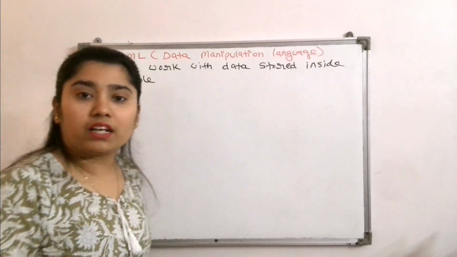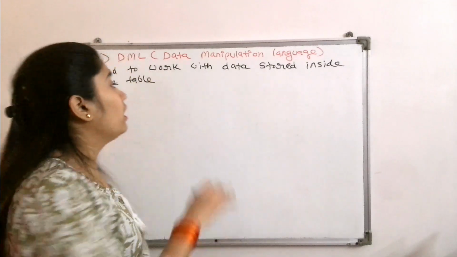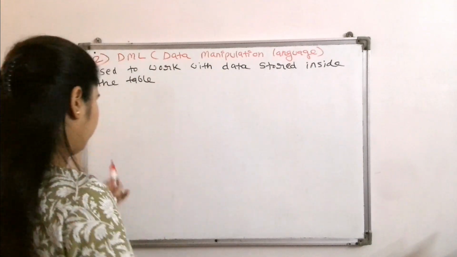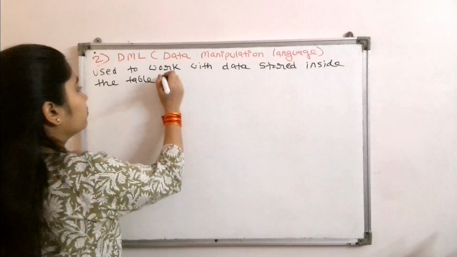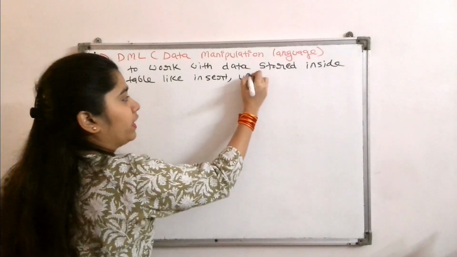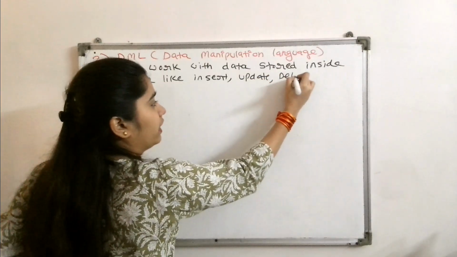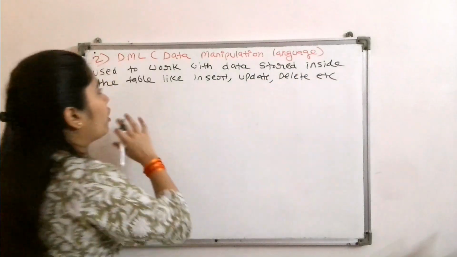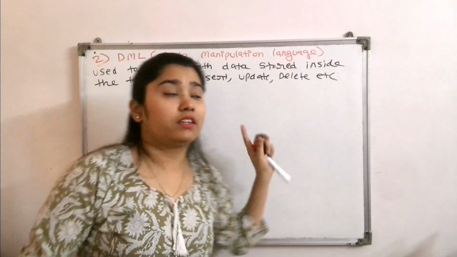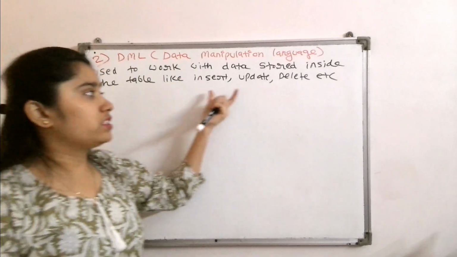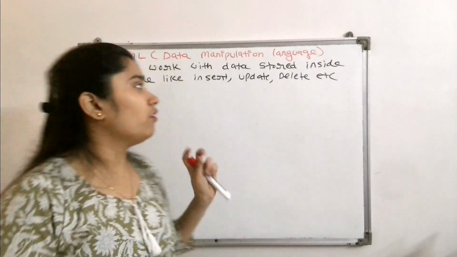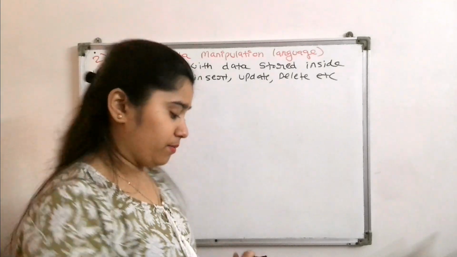Whatever data we want to store in the database or in the table, this language is used for that purpose, like insert of data, update of data, delete of data, etc. I hope you are clear with the data manipulation language also, that it is used to work with the data stored inside the table, like insert data, update data, delete data inside the database. Clear? Now we will see the commands of the DML.